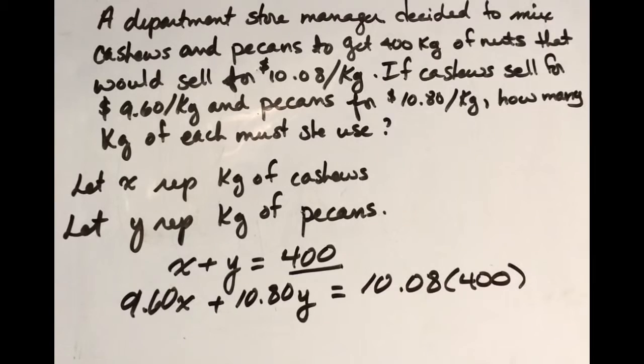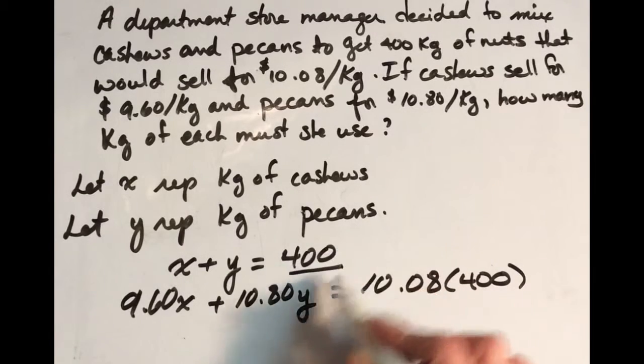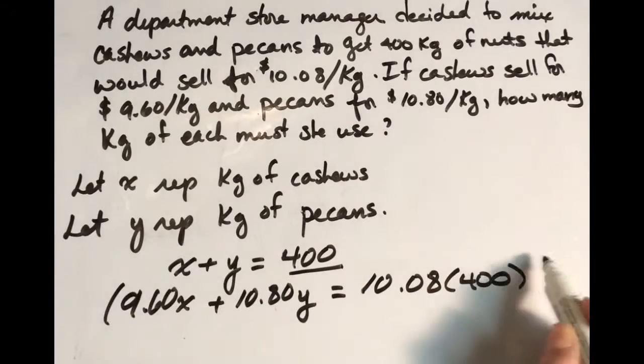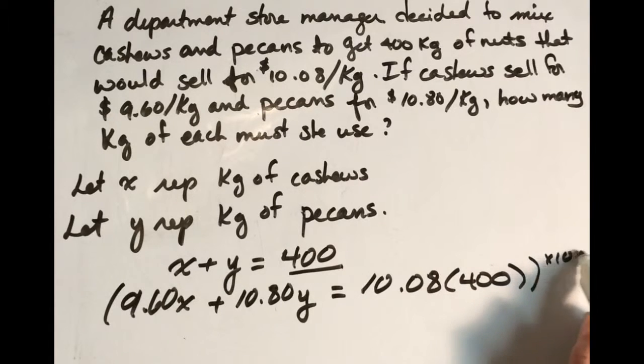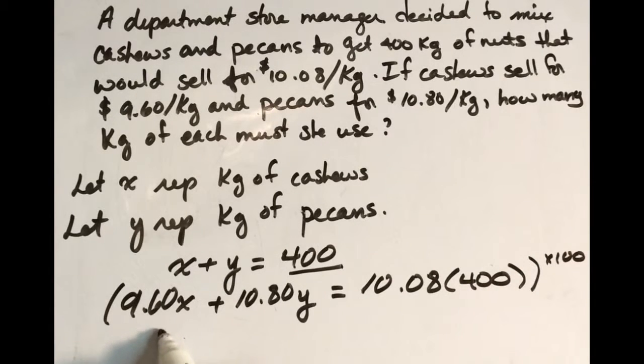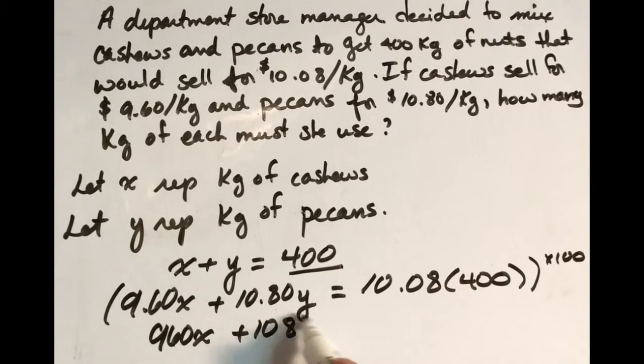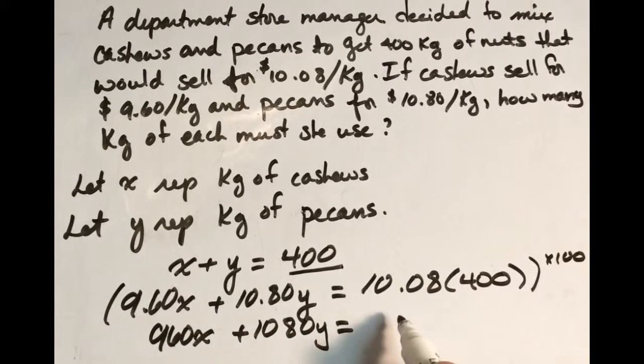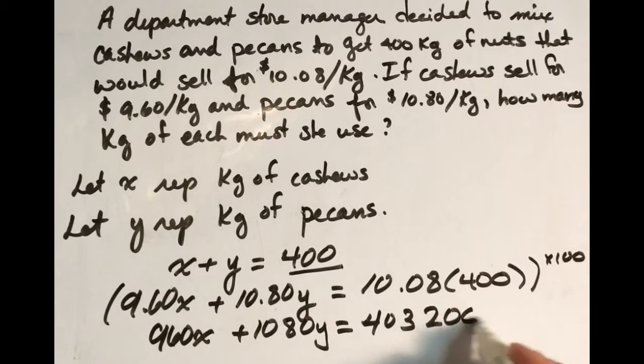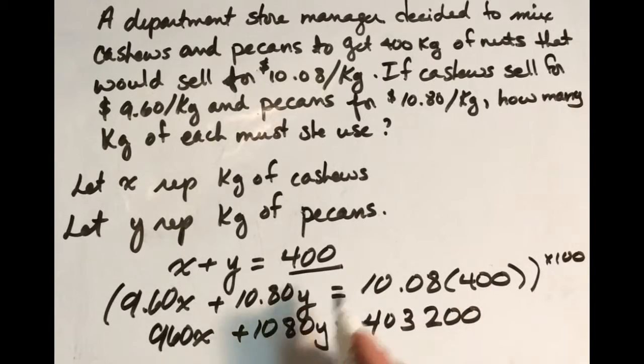Now, again, in this case, we can multiply this whole thing by 100 to eliminate the decimals. So 960X plus 1080Y is equal to, if you calculate all this, 403,200. And so now what we want to do is figure out how we're going to solve this.